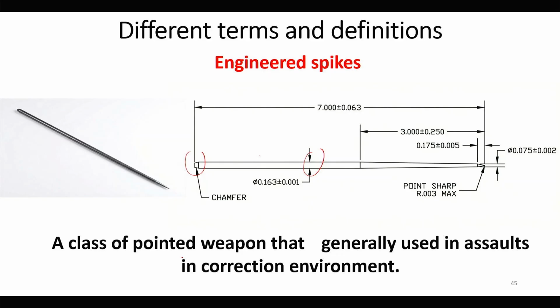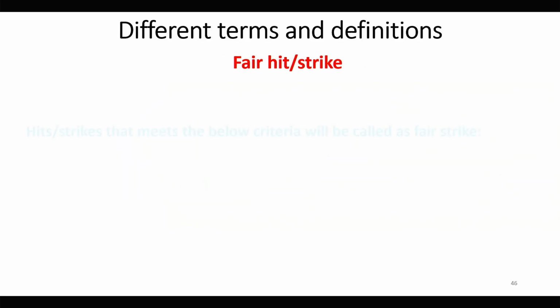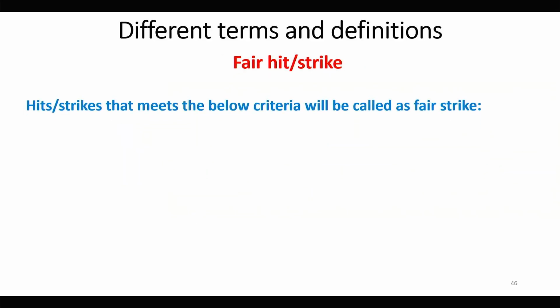So, this is a class of pointed weapon that is generally used in assault in the correction environment. Now, fair strike, that means below critical, there will be a different criteria for fair strikes.